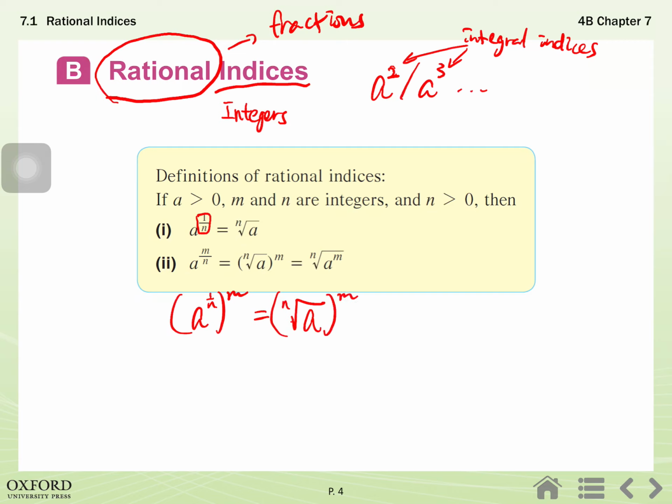We may also interpret this this way, and thus we will have a inside the bracket, and outside the bracket is the nth root, and that's it for this rational index.